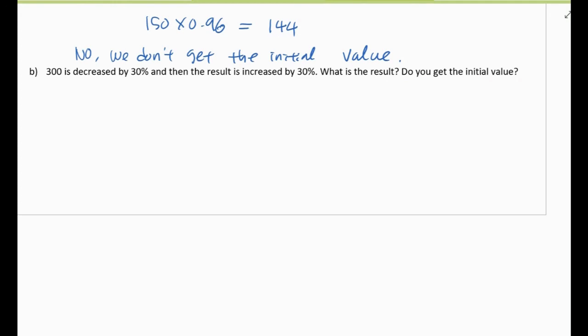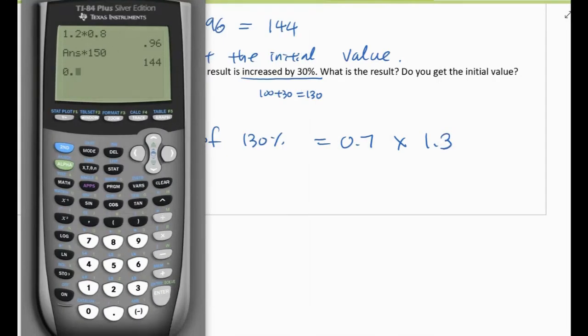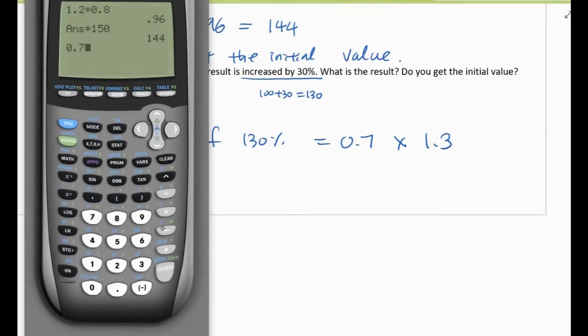Alright, let's do it together. Decrease by 30%, so you subtract 30 from 100. Increase by 30%, you add 30 to 100. So you're going to find 70% of 130%. That is 0.7 times 1.3. Use your calculator: 0.7 times 1.3 is 0.91.